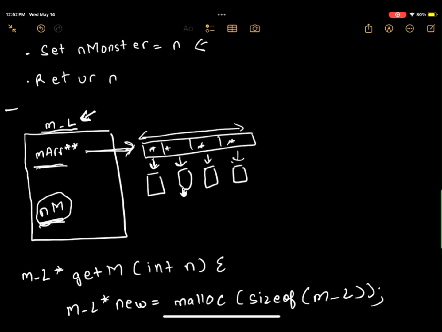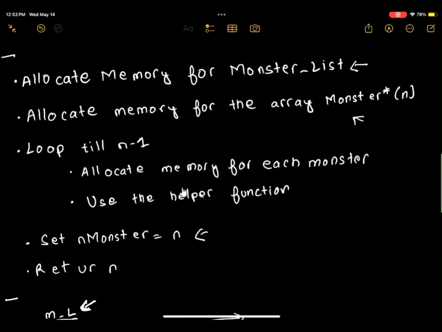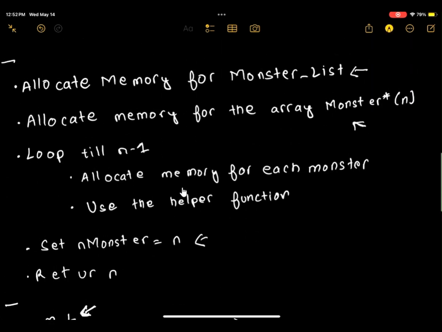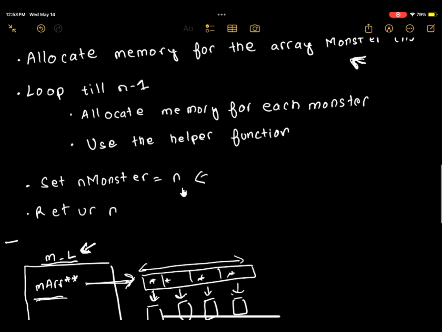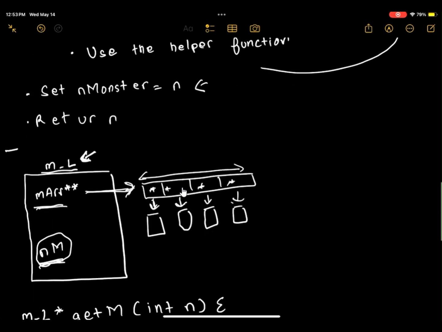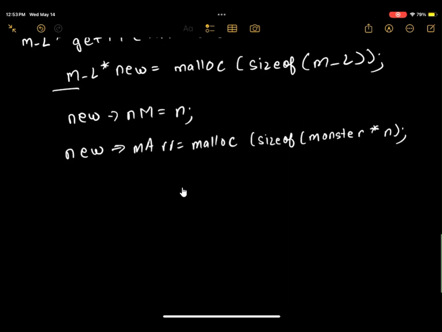So what I've done is I've essentially done this part. I have allocated a memory for the array of monster pointers. Now I will loop through this pointer array, create memory for these boxes, and then fill in those values with useful information with the help of the initializer function provided to us, right? So that's all super easy.